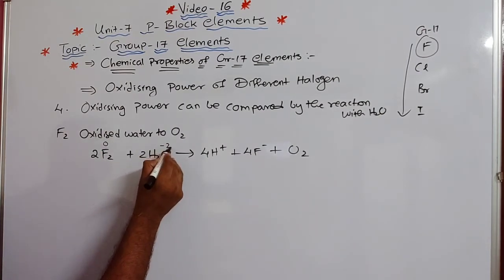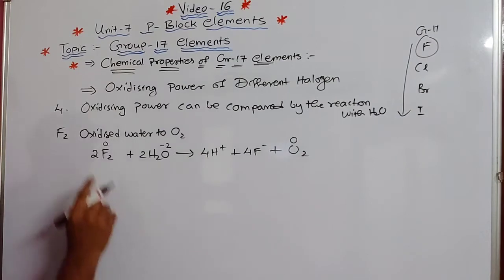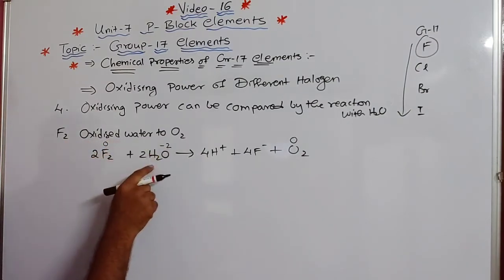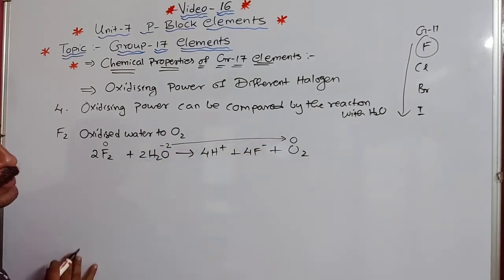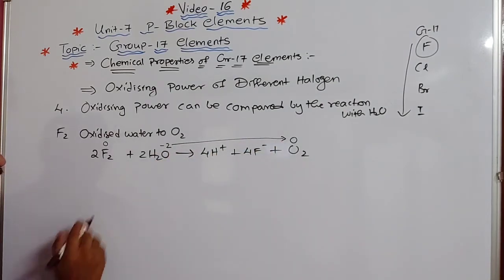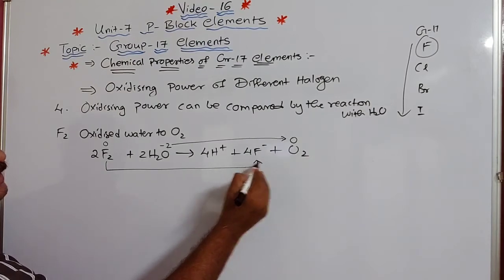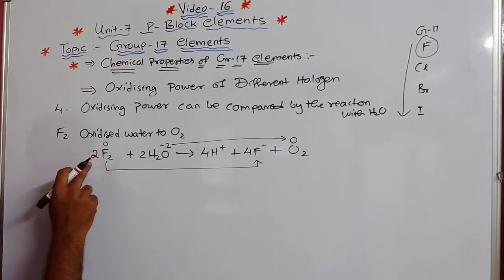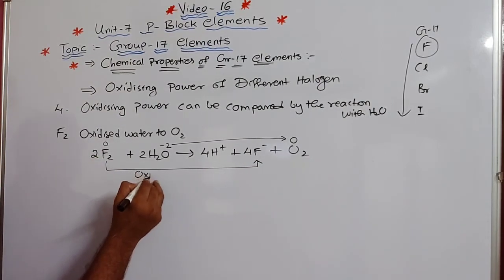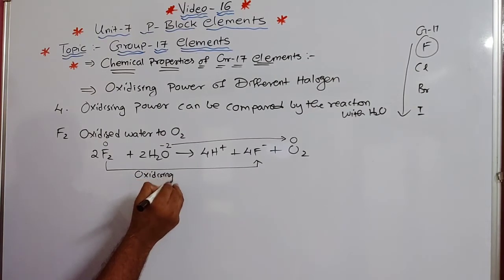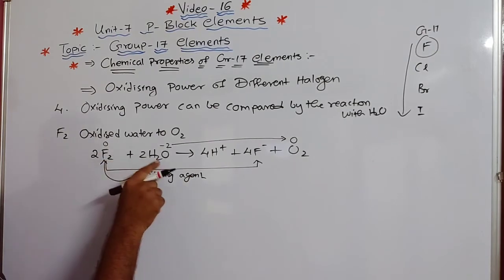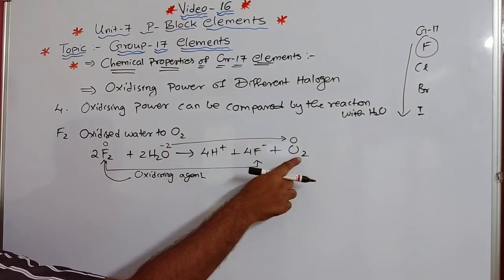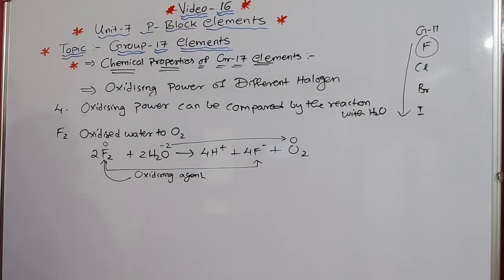Oxygen here is minus 2 and here it is 0. So F2 oxidizes water to O2. So the water is oxidized to O2, understood? And you can see F2 itself gets reduced. So fluorine acts as the oxidizing agent. It will oxidize water to O2. You can see the reaction given here.